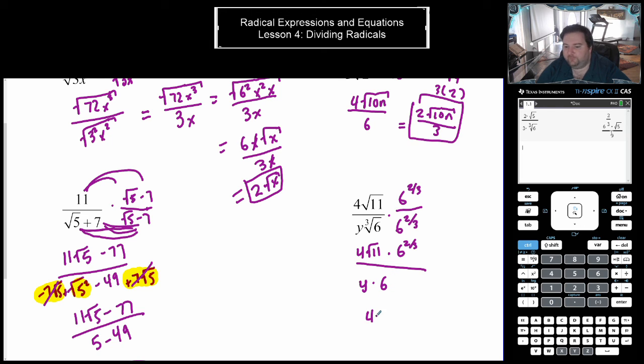So finally we have 4 root 11 times, I'm going to do the cube root of 36, and 6y. I'm looking at this and this, and I'm seeing I can reduce those. 4/6 is 2/3. Okay? 2/3. And I'm done.